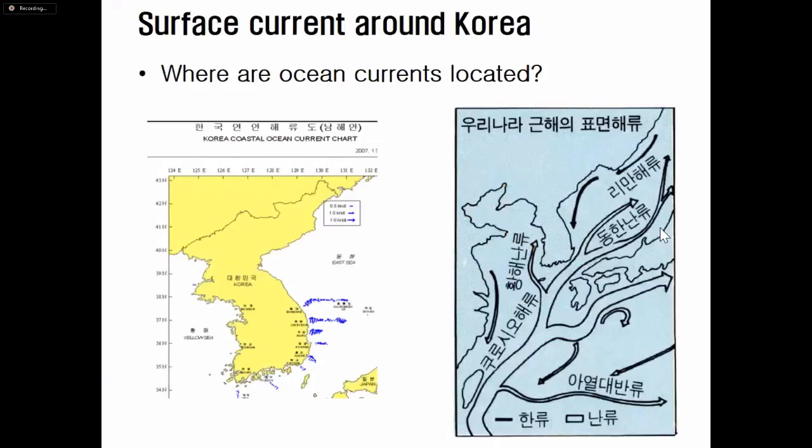Near the Korean peninsula, especially the Kuroshio current. This is Kuroshio written in Korean. So Japan is here, Japan, Korea, China. This is the Yellow Sea, between China and Korea. It's a very small portion. The mainstream is going east of Japan.